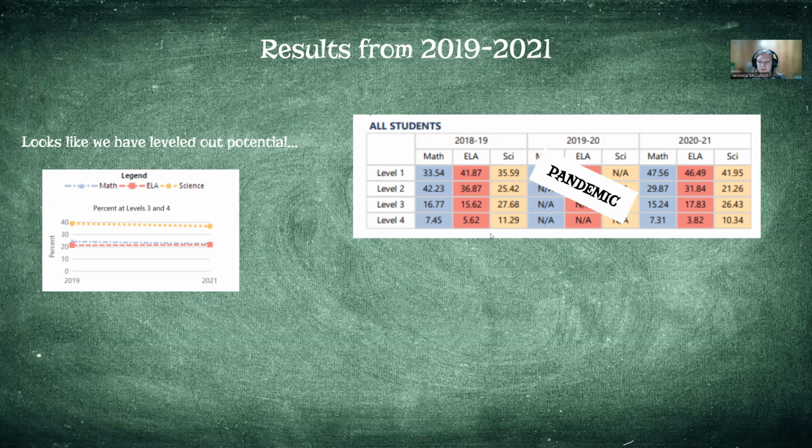When you compare the different scores between 2019 and 2021, you can really see the achievement differences at the different levels. If you look at the chart, from 2019 to 2021, it looks like for math, ELA, and science, we kind of have leveled out on everything.